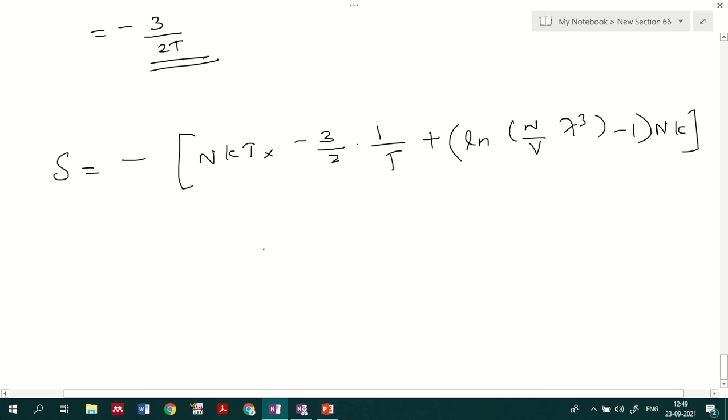So that is equal to 3 by 2 nk, because t and t get cancelled.